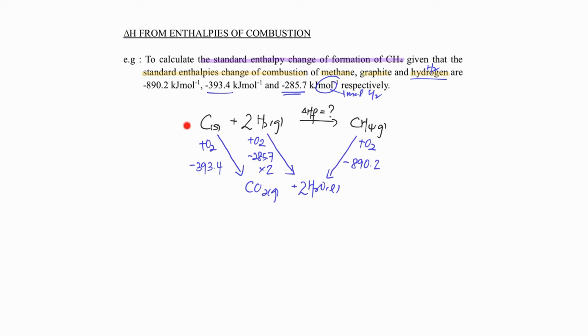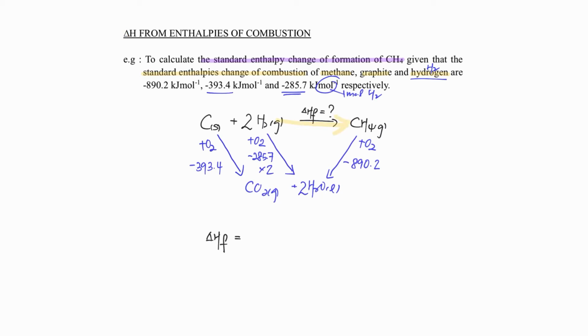So this is the complete Hess's law cycle, or energy cycle, or we could also call it a thermochemical cycle of this reaction. With this, we can calculate the standard enthalpy change of formation for methane. To move into the calculation, we have delta HF, which is the reaction for methane.